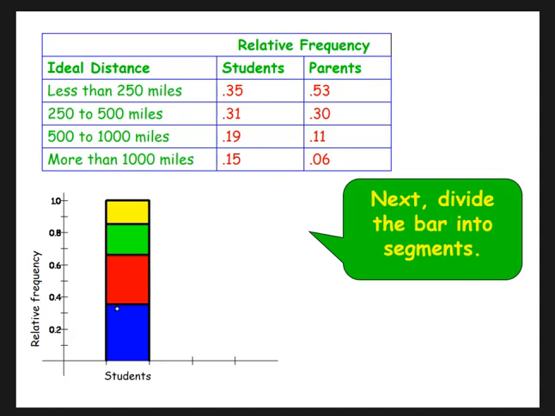So you can see the bottom there is the less than 250 miles. That's 35%. 31% is the red. That's the 250 to 500 miles from home. That's a little bit smaller, 31%, just a little smaller than the blue. And then smaller yet, the 500 to 1,000 is 19%, and so on.